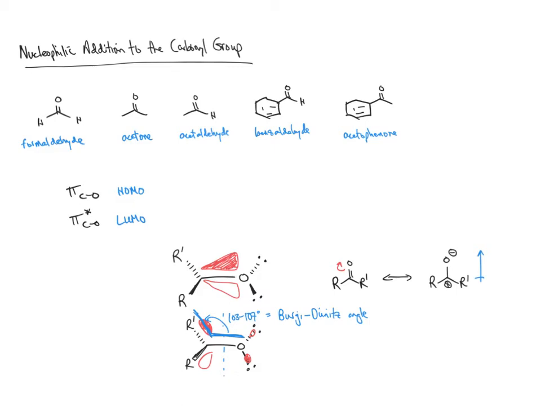Let's see what that would look like. If we have just a regular carbonyl, where R and R prime could be hydrogens or carbons, some nucleophile is going to populate the pi star CO. The orbital is basically attacking that carbon atom as such, and the electrons are going to move up onto oxygen as a lone pair.